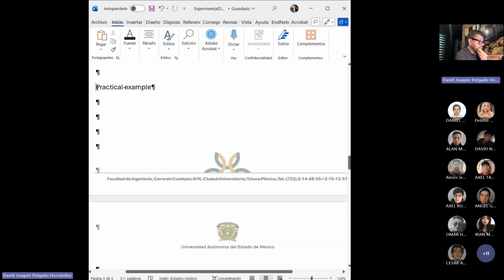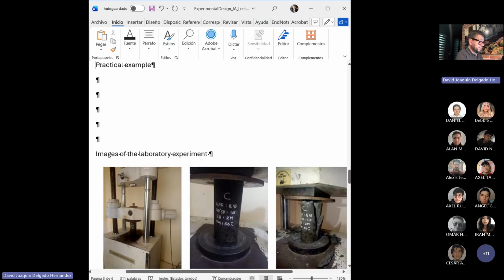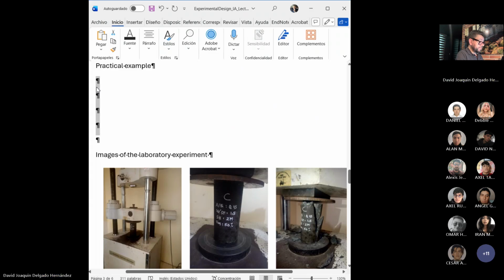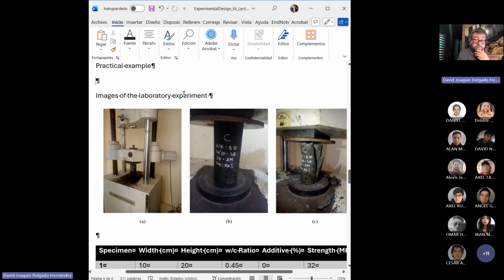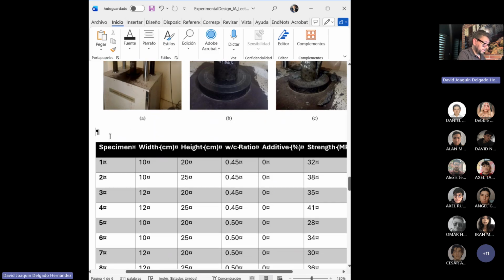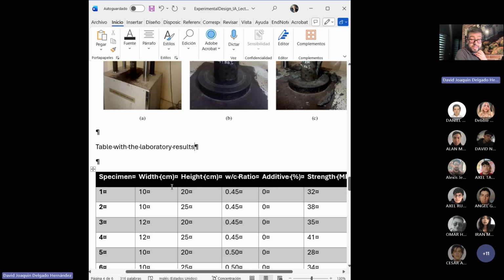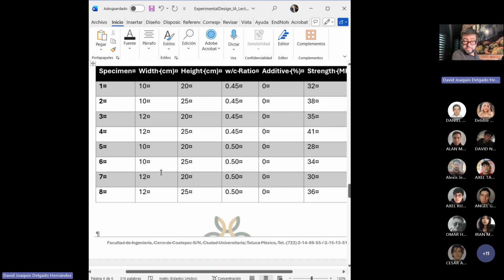So these are the images of the laboratory experiment, okay? And here is the table with the laboratory results.